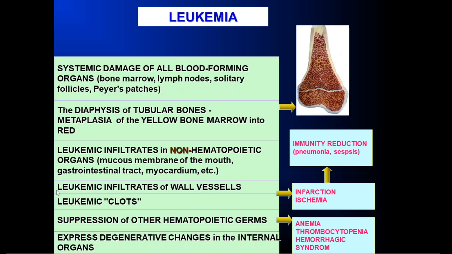Moreover, if we have leukemic infiltration in the liver, so liver is damaged also. In this case, we even do not have enough coagulative factors. So, what's main are leukemic infiltrates of the vessel wall that lead to the damage of the wall, and obviously suppression of other hematopoietic germs.